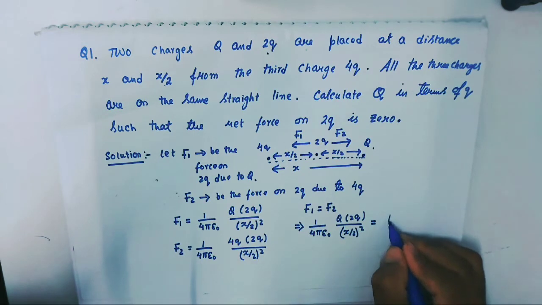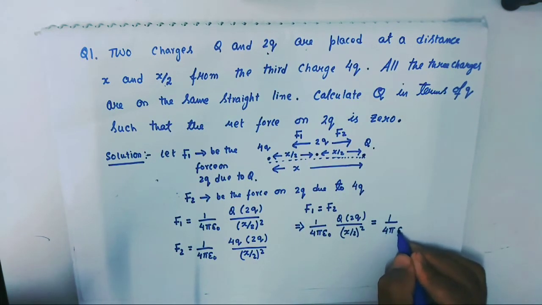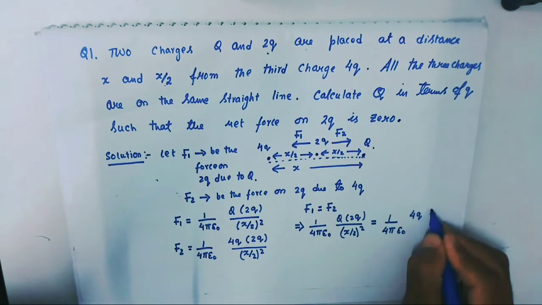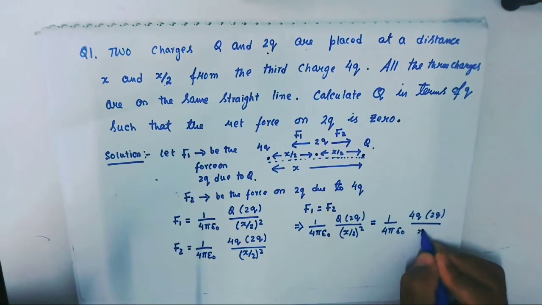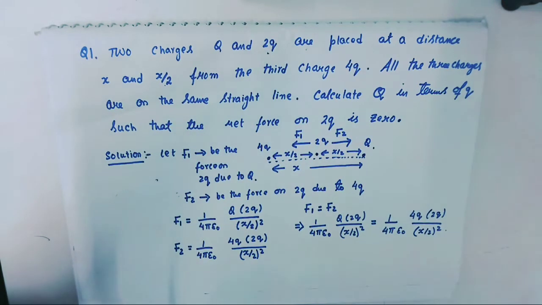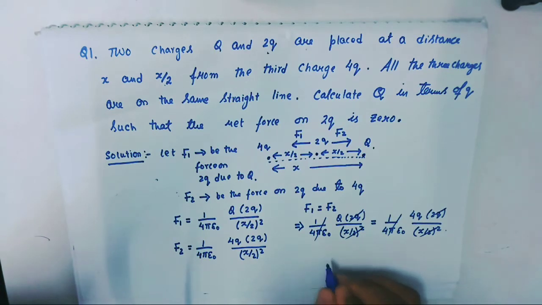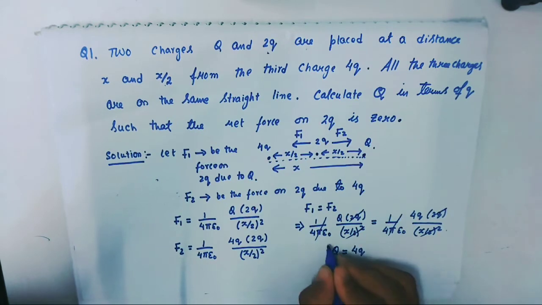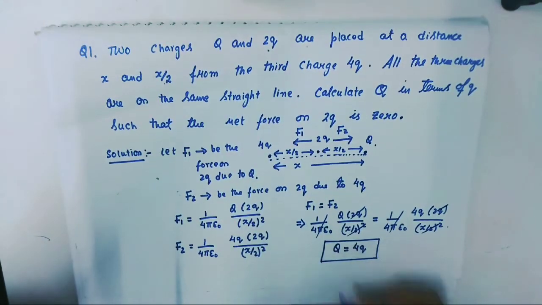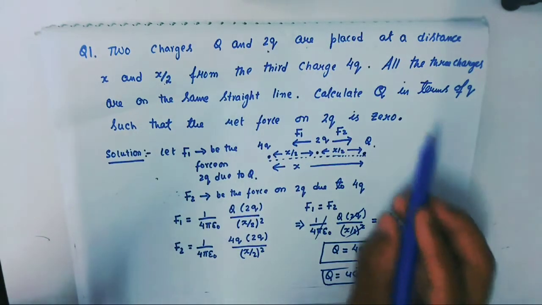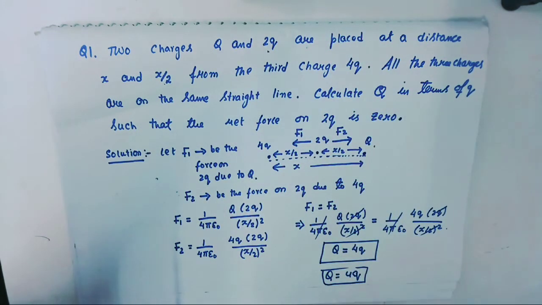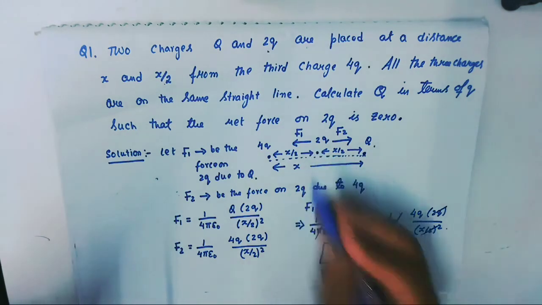And F2 is equal to 1 by 4 pi epsilon naught, 4q multiplied by 2q, the distance being x by 2 holding square. So 1 by 4 pi epsilon naught cancels, x by 2 holding square cancels, 2q will get cancelled. So this Q is equal to 4q. So hence, this value in terms of small q is given by Q equal to 4q such that the force on this 2q is 0.